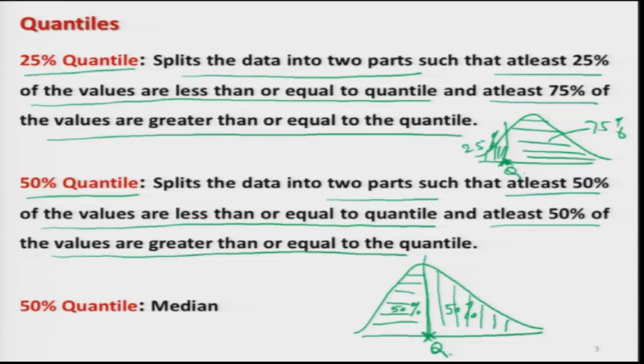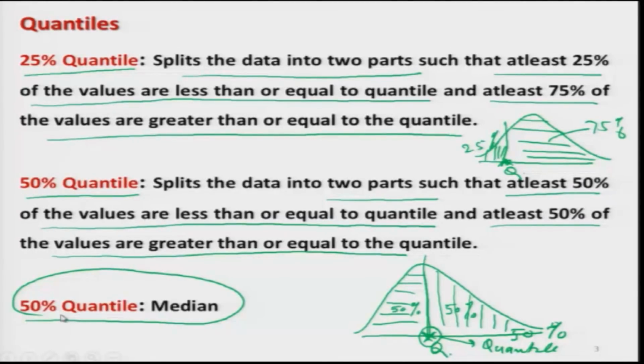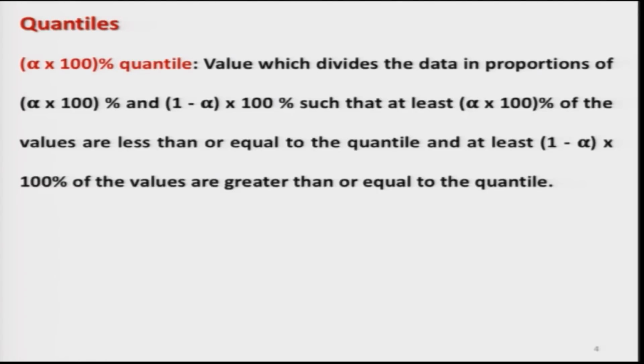And this value which partitions the total frequency into two parts is called a quantile, and this is essentially the 50% quantile. And you may notice that the 50% quantile is nothing but your median. So, this is the basic idea of the quantiles.